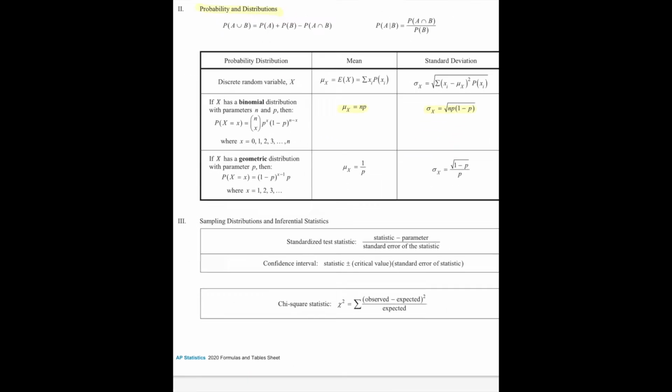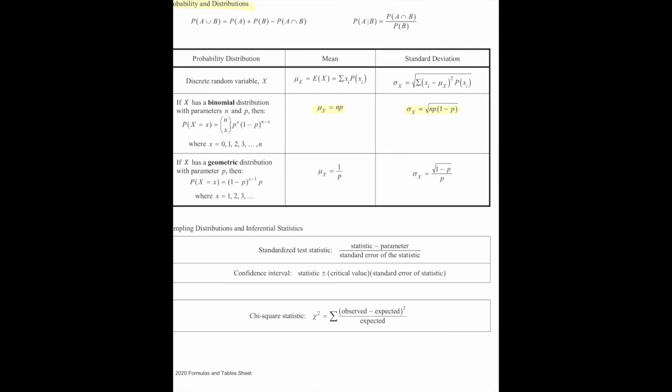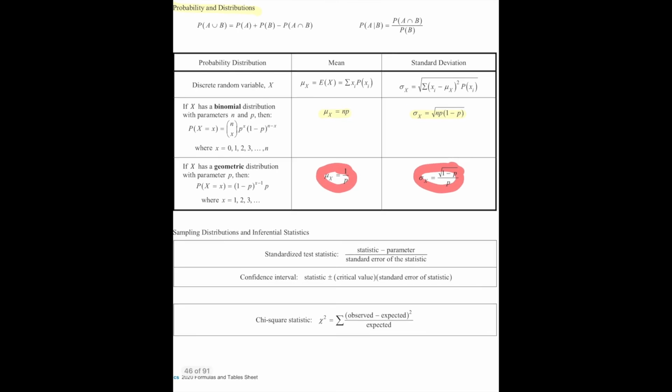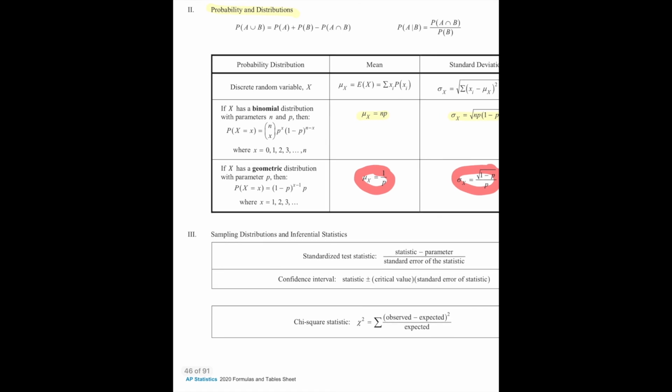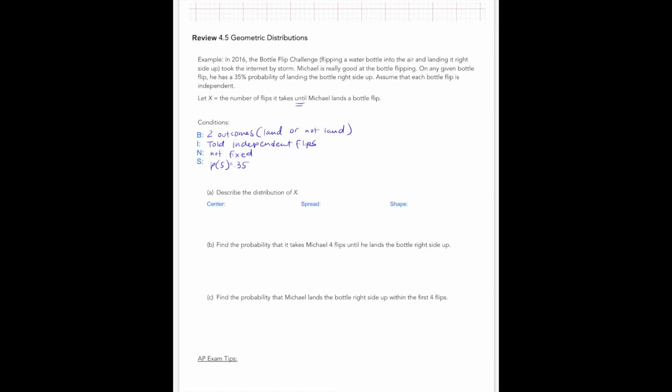In terms of describing our distribution, we have our formula sheets. And if you look at section 2, notice that you see geometric, and then you'll see this, and you'll see this, which represents the mean and standard deviation. So in terms of our center, it says that the mu of x is equal to 1 over p. So technically I'm doing 1 over 0.35 and calculate that out.